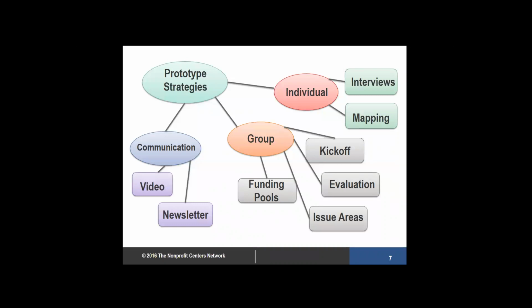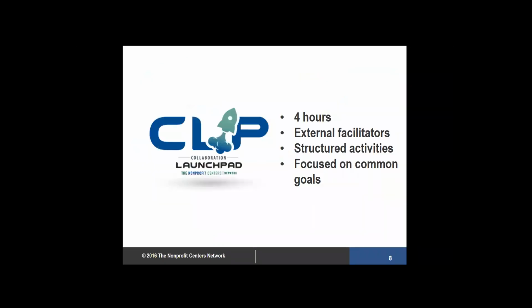So building on this, we developed this Collaboration Launchpad. It's a facilitated session that NCN staff can come in and deploy within a center community. This is a 4-hour session, bringing in someone from outside to lead your community through structured activities with a core focus on getting to common goals.